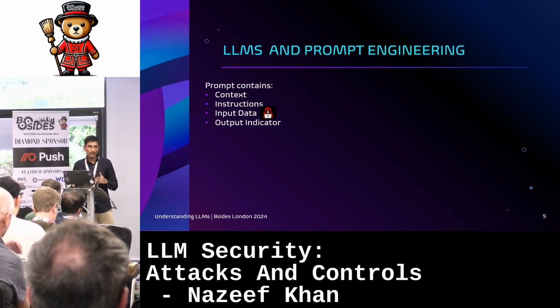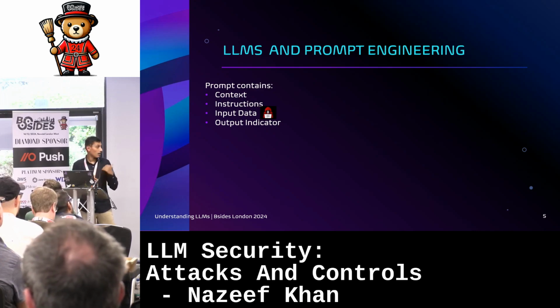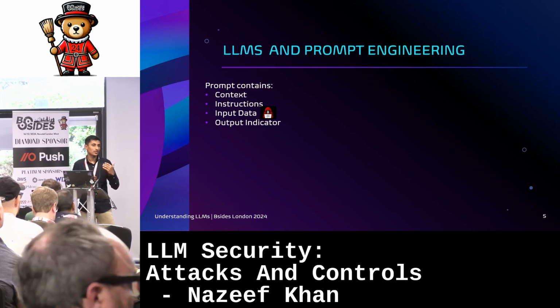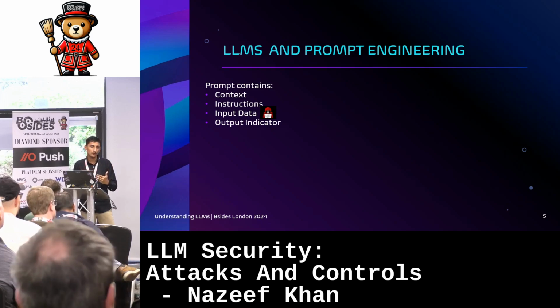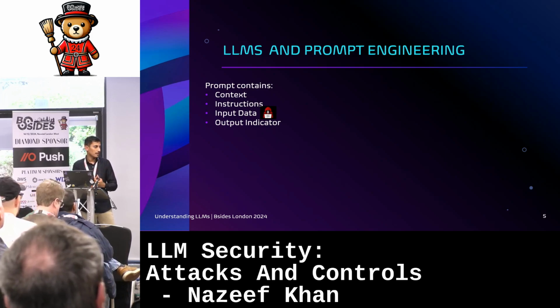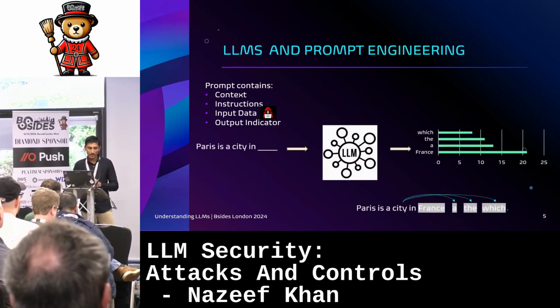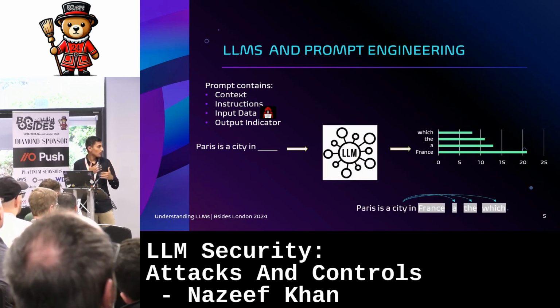The developer doesn't have control over this input segment. Output indicators are where users expect a certain formatting to be returned, say a JSON object format or an HTML format. This is what an output indicator indicates.